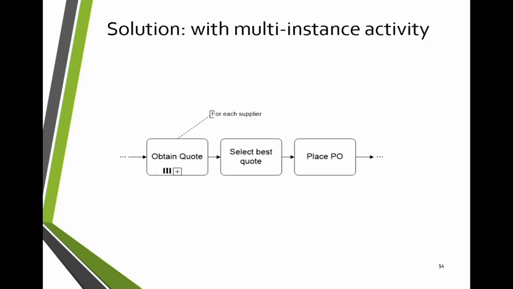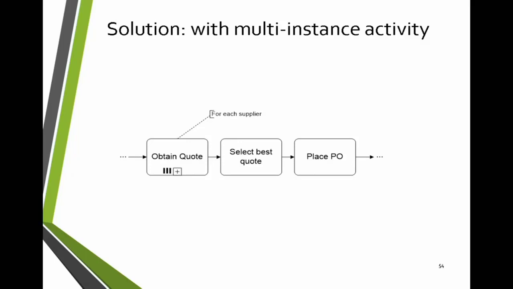Typically, this is applied when the task has an effect on an object which is not the main object in your process. So in this case, my supplier is actually a sub-object, another object in the process. The process is at purchase order level, right?